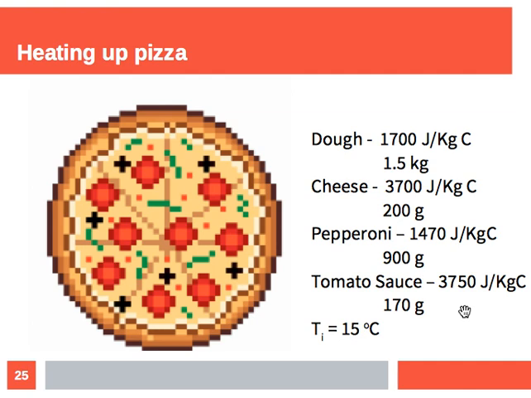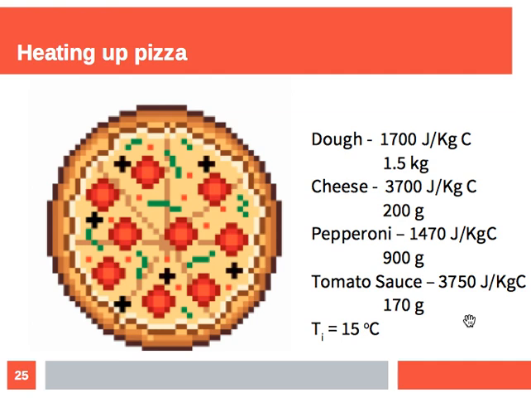Water has one of the highest specific heats, which is 4,800 joules per kilogram Celsius. That's very high. So that's why the tomato sauce has a great specific heat, because it's made up mostly of water. But the pepperoni doesn't have so much water, as well as the dough. They don't have so much water as the cheese or the tomato sauce. This cheese is pretty fresh. That's why it has such a high specific heat.